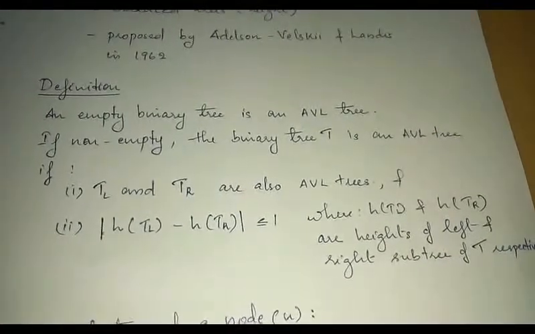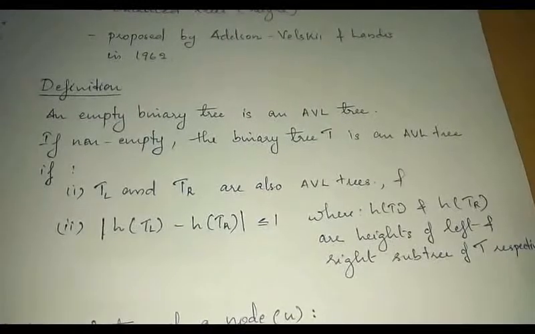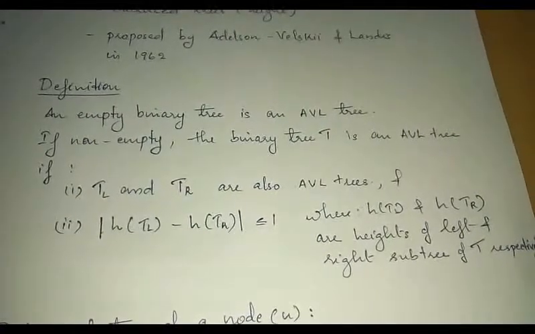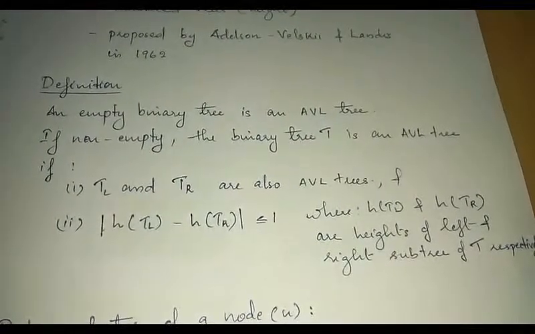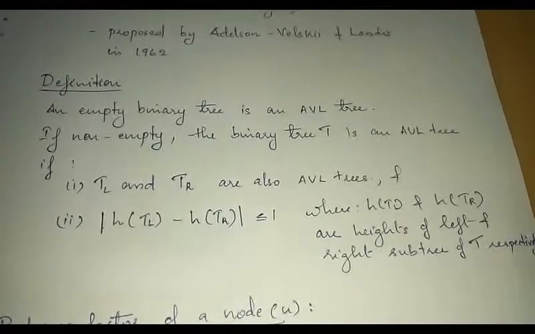An empty binary tree is an AVL tree. If non-empty, the binary tree T is an AVL tree if it follows the following two conditions.